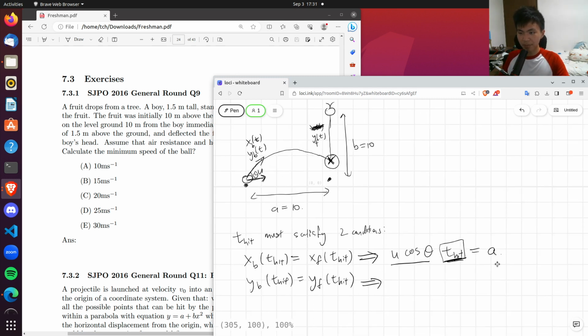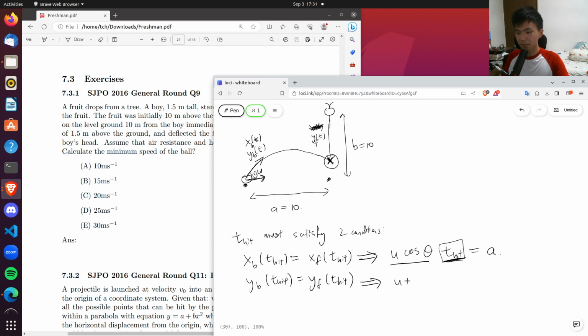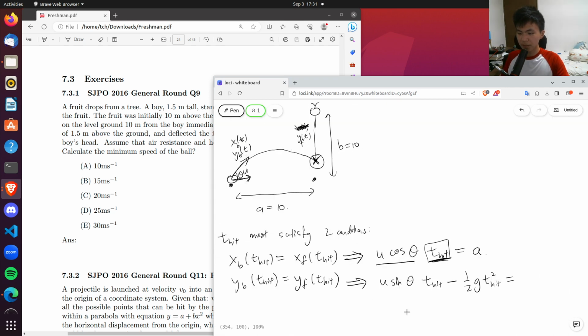This one is a bit longer. It looks something like u sine theta t hit minus half g t hit squared equals, so this is the ball's y coordinate as a function of time after t hit seconds. Then for the fruit, it will be b minus half g t hit squared.